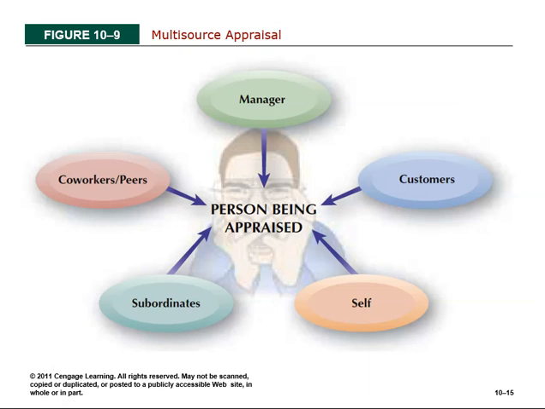Well, then the biases that manager has can actually translate into the performance appraisal itself. And that's something that you don't want to have. So you want to reduce the odds of any kind of unfair biases being targeted at the employee. And one of the best ways to do that is to get information from a variety of sources. It could be coworkers, managers, subordinates, the employee, him or herself, and also customers and clients.